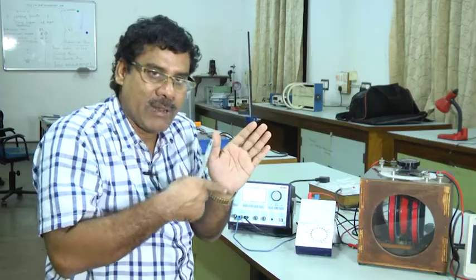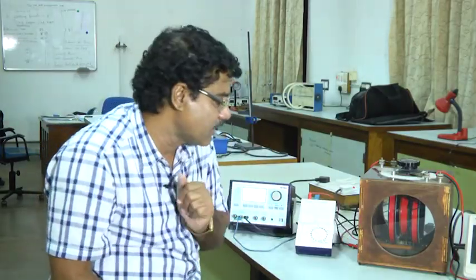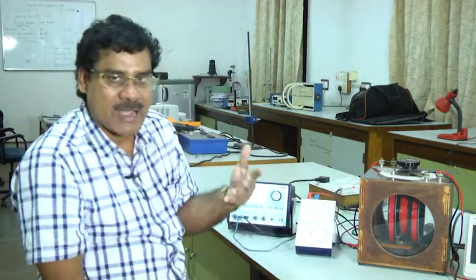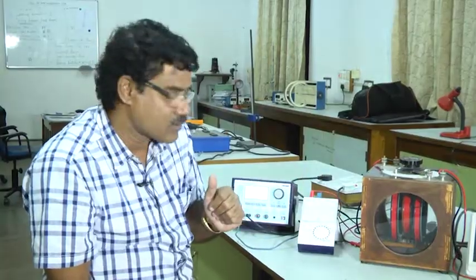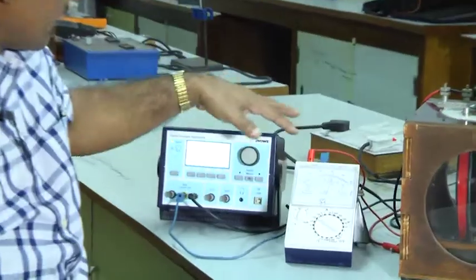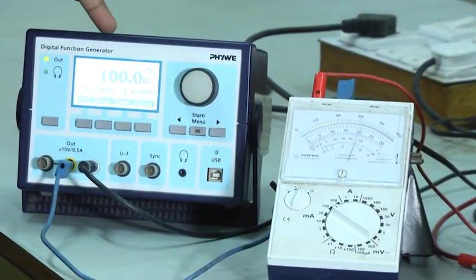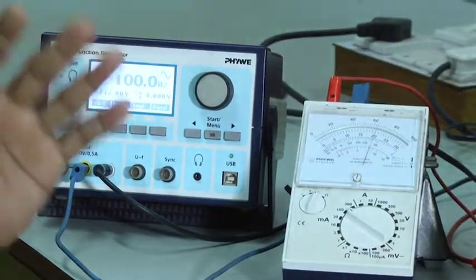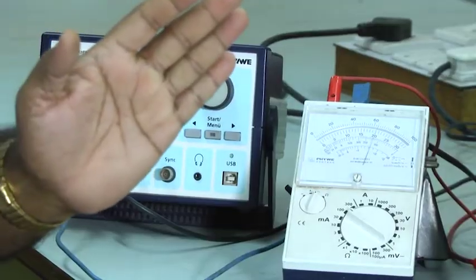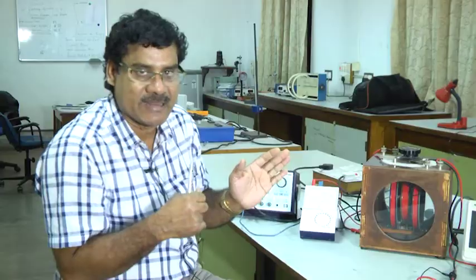When I pass current through the primary coil, it will produce a magnetic field. So, I need an arrangement for that. This is the power supply, this is the function generator. Here we will use AC current because, as we have seen, we require the change of current, di by dt.